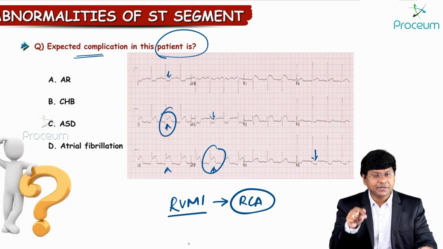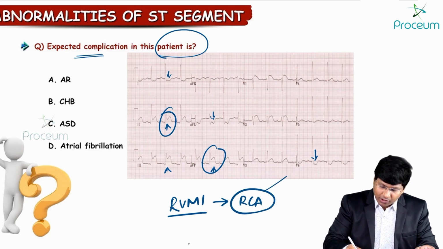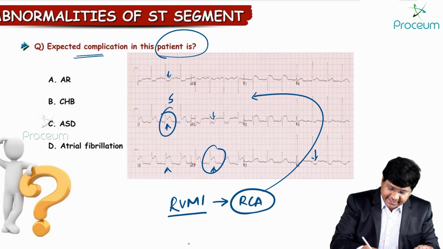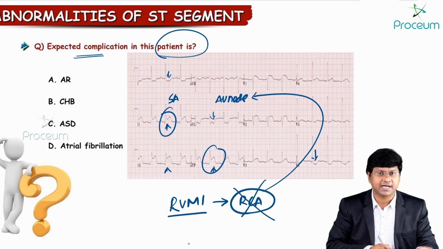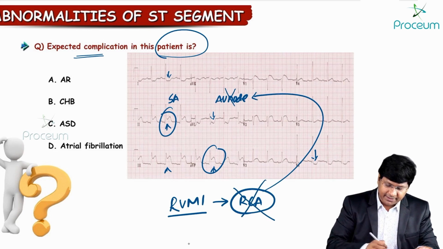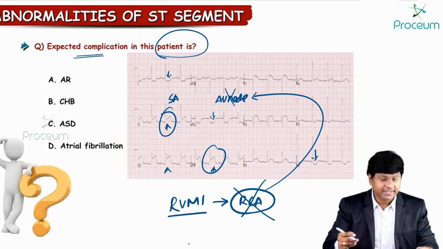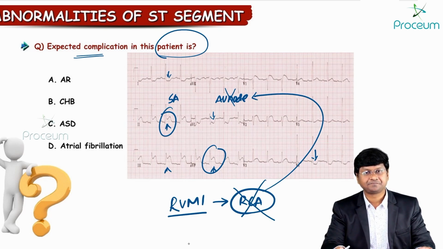This right coronary artery also supplies the SA node and the AV node. If the right coronary artery is blocked in patients with RVMI, the blood supply to the SA node and the AV node can get suppressed.